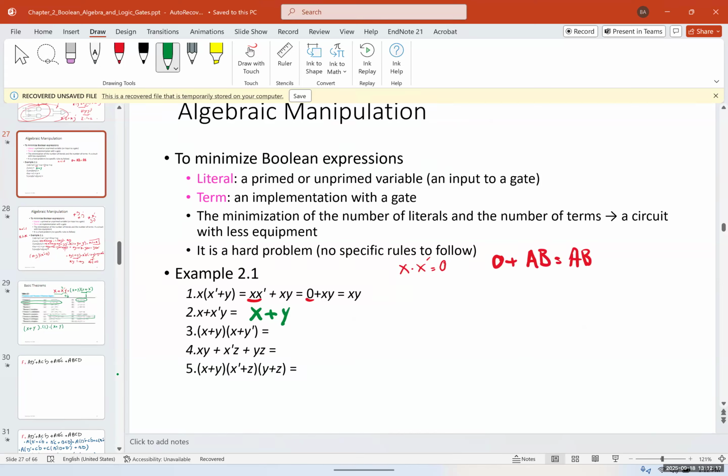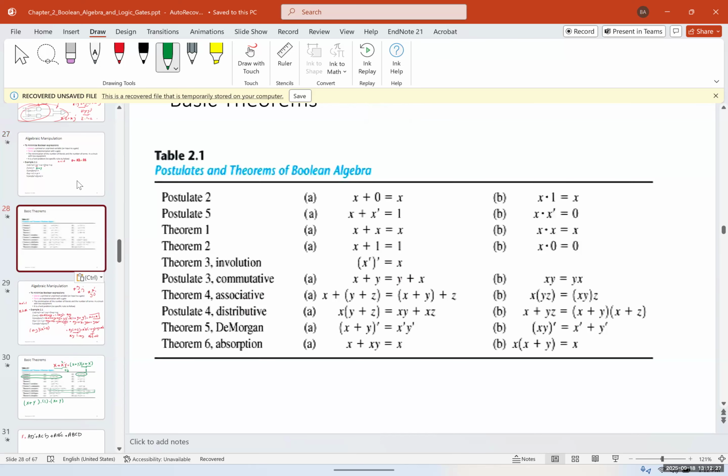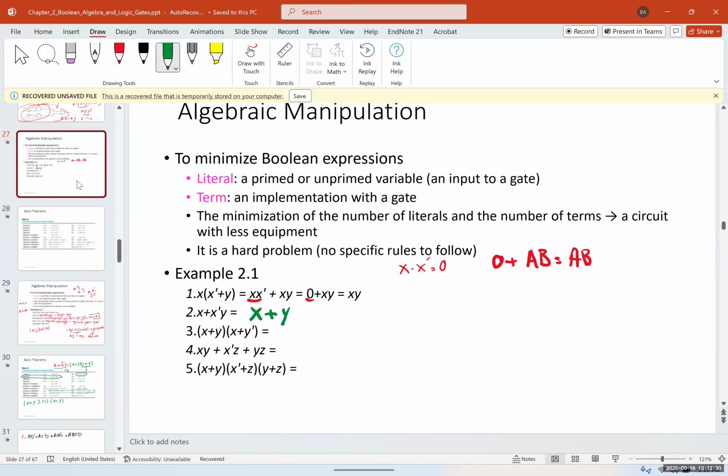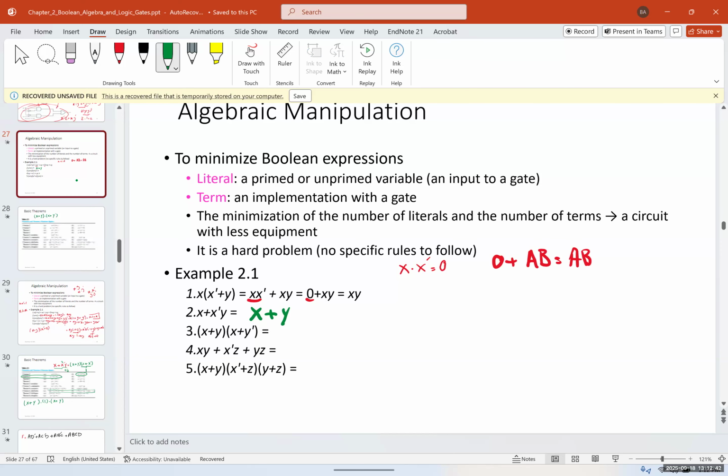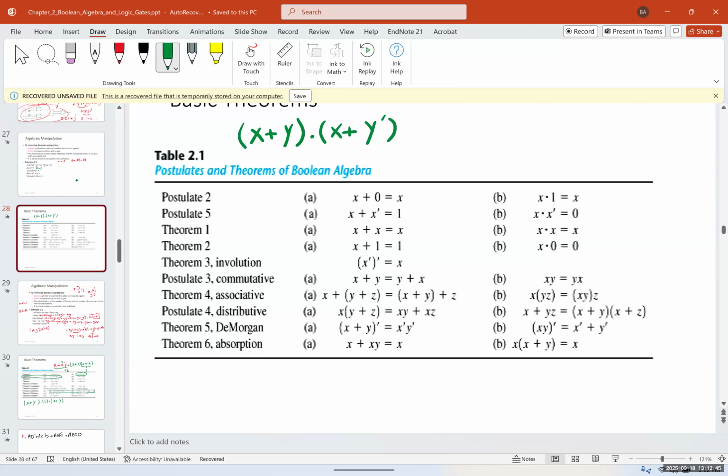Okay. Now I want you to go ahead and solve the second one. Second one is x plus y, let me copy this here. So the second one is x plus y, and with x plus y prime. I'll give you a few minutes to think on this. The first student to solve it gets extra points on their next homework.